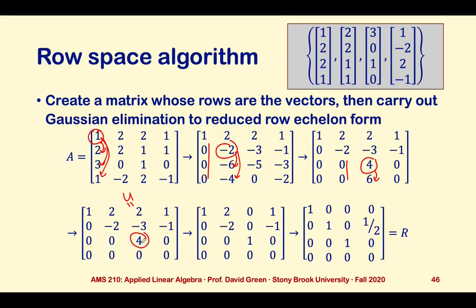We scale our bottom pivot by dividing through by 4, and then use that to eliminate upwards. This is easy in this case because we have zeros everywhere except for this third position, which means when we subtract multiples of this row, we just eliminate the entries in this column without affecting the others. We then move up to our next row.